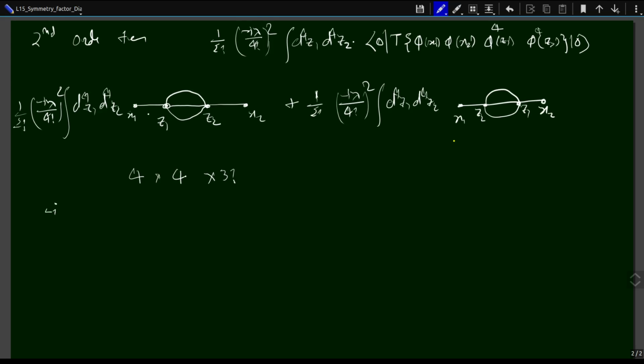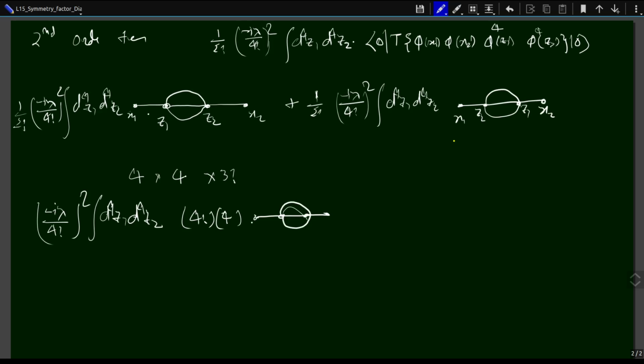So I have (−iλ/4!)² ∫d⁴z1 d⁴z2, and this factor, which is 4! times 4 times this diagram with x1, x2 and z1, z2. The swap will give me the same result, so that's why I did not keep the 1 by 2 factorial.